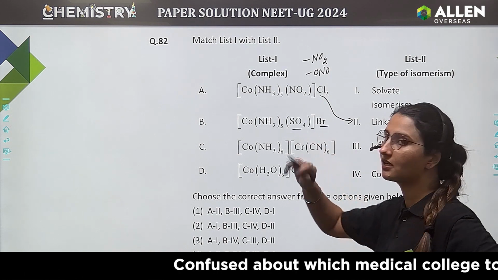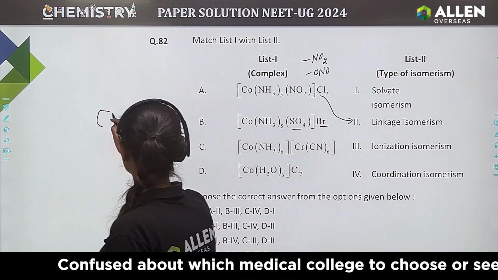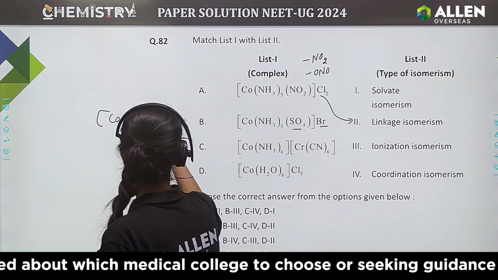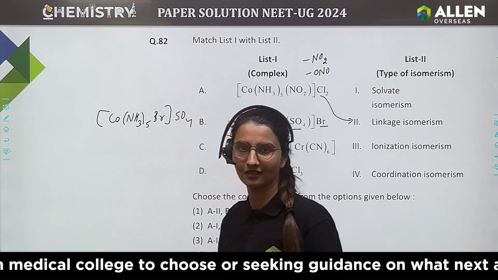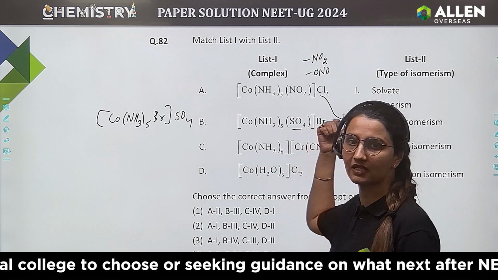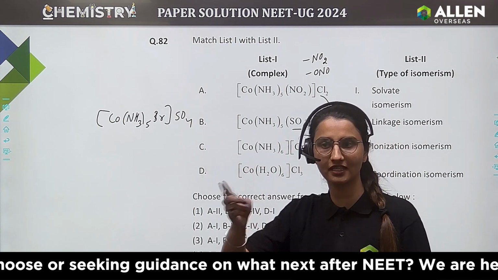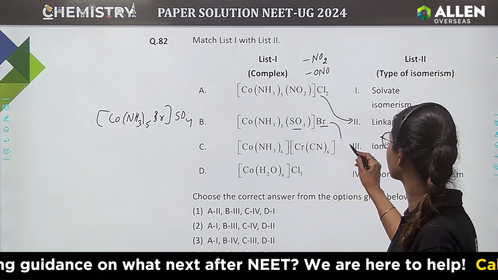Whenever different anions are present, there can be exchange. And it can make another isomer. It can make this also, students. Co(NH3)5Br and SO4. Correct? If this goes in solution, Br negative is released. If this goes in solution, sulfate ion is released. So they can give different ions, no? So it is what? It is your ionization isomer.